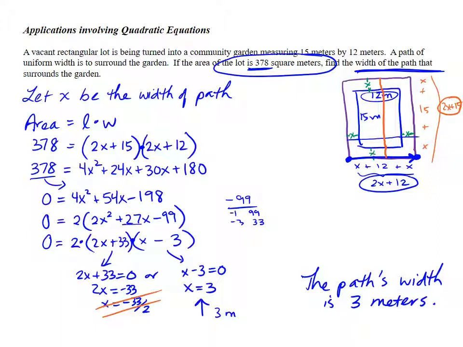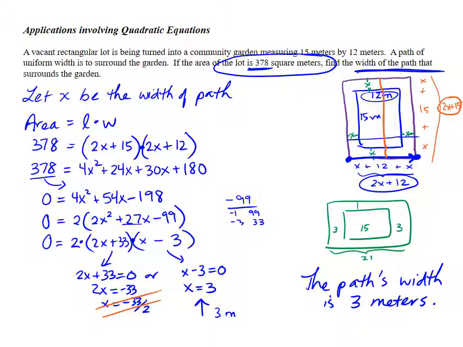One last thing, you should always check as you work through these problems. If I do a little picture again, remember what we figured out is that we have a width of 3, and it goes 15 across, and then 3 plus 15 plus 3 means the entire length here would be 21.